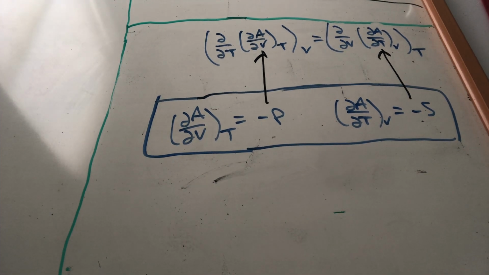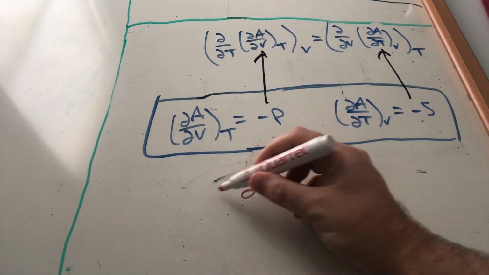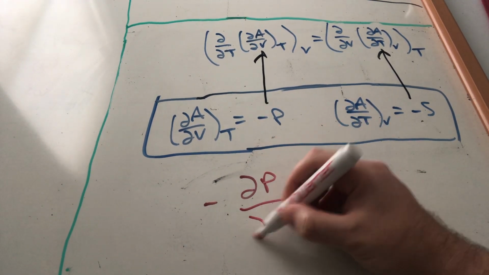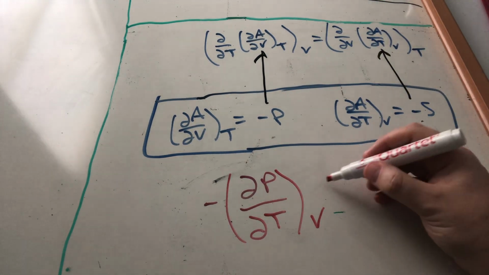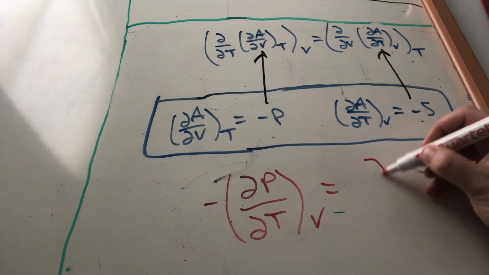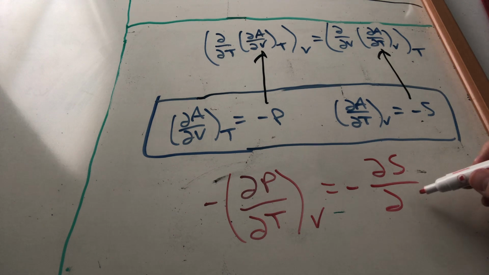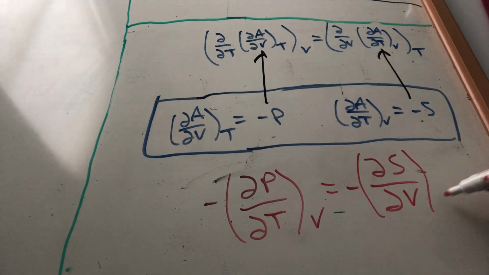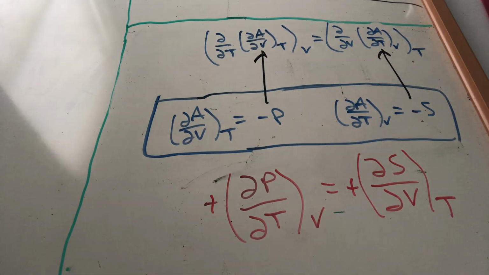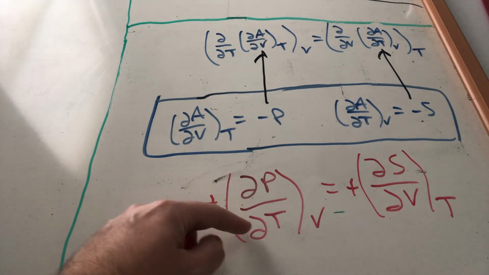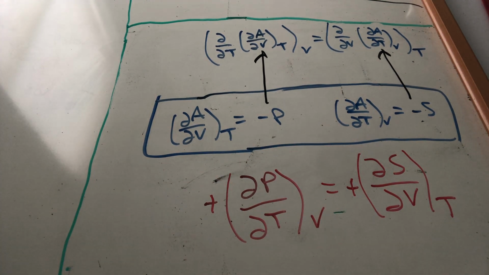What we're going to get is partial of minus P, partial T at a constant V, is equal to partial of minus S, partial V, all done at a constant T. The negative on each side cancels, and what we're left with is partial P, partial T at constant V, is partial S, partial V at a constant T.